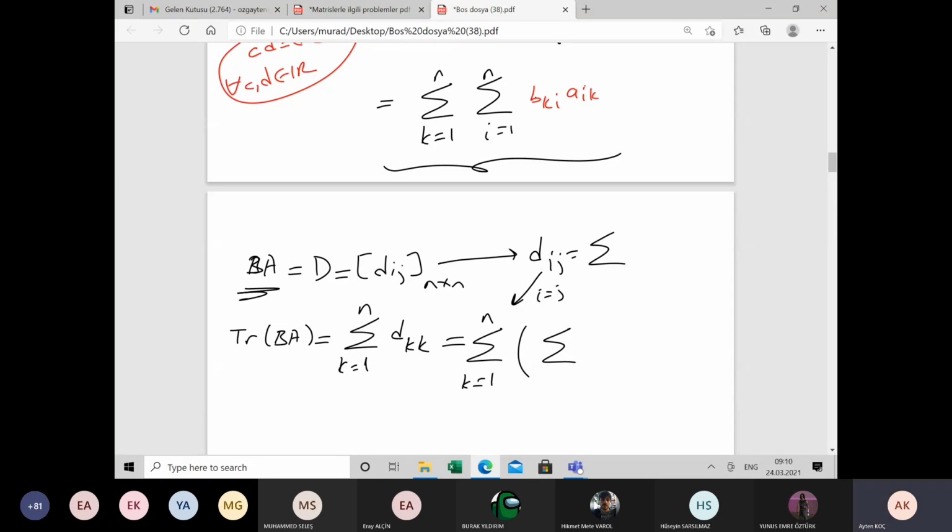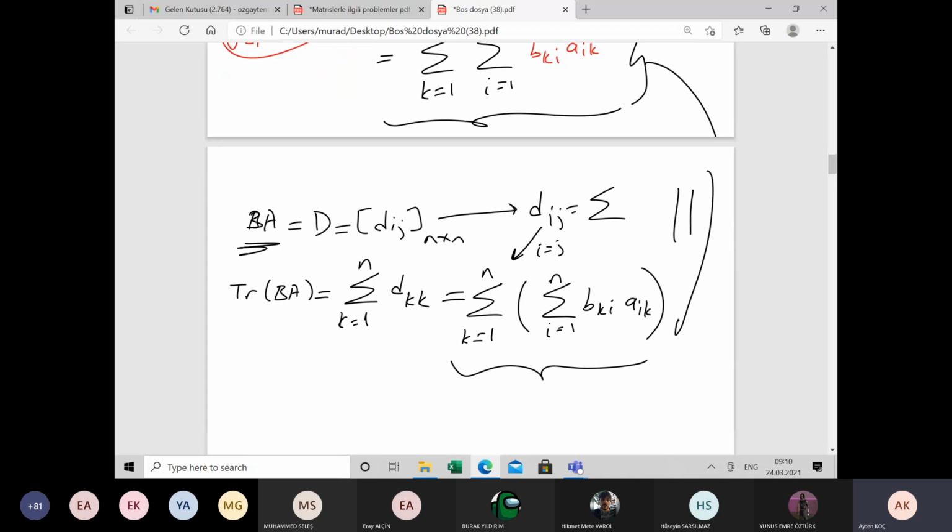Here B times A is the sum from 1 to n of B_ki A_ik. This one is okay. So we obtain the same result. So the trace of AB is equal to the trace of BA. It's okay.